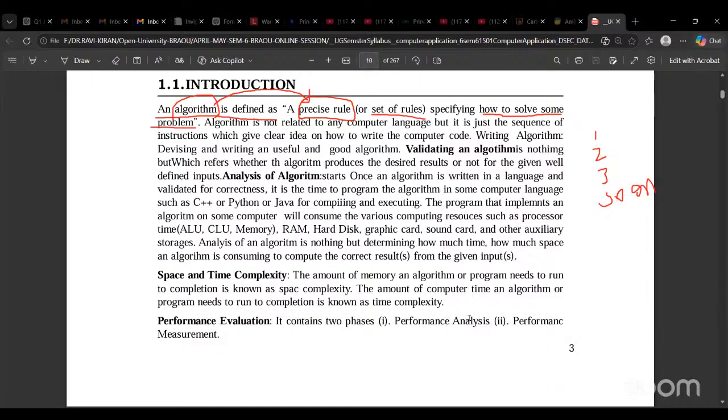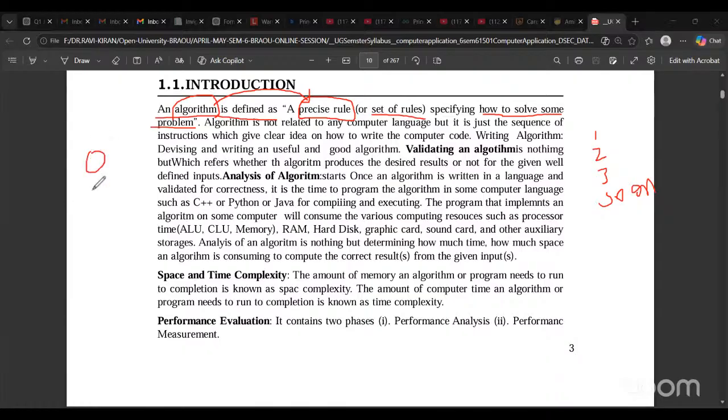By following the rules, we can complete the task. So the task is, I want to travel from some place to some other place.